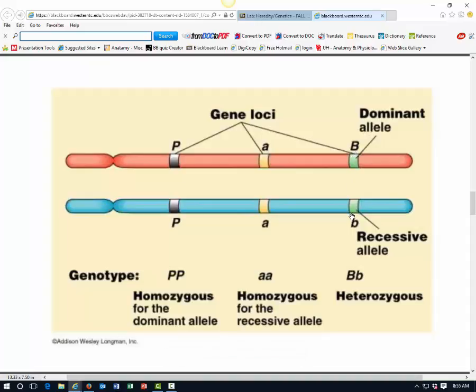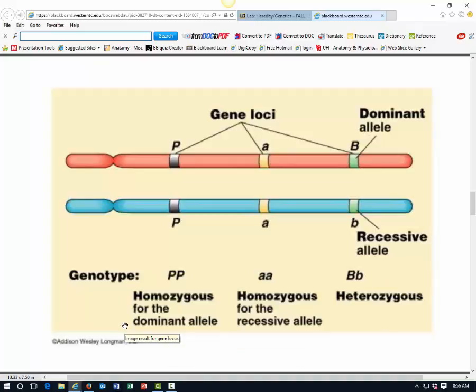It has a capital and a small letter, so that has both a dominant and recessive allele for that trait. So we say they are heterozygous. Hetero means different. This is capital, this is lowercase, so that's heterozygous. So homozygous dominant is capital P, homozygous recessive is little a, and heterozygous is big B, little b.